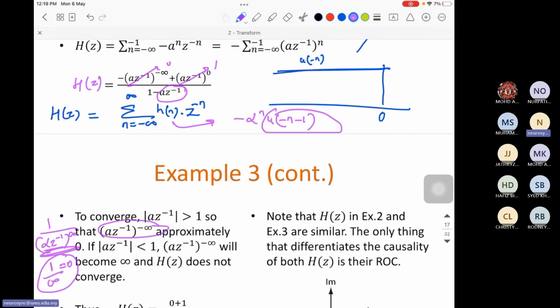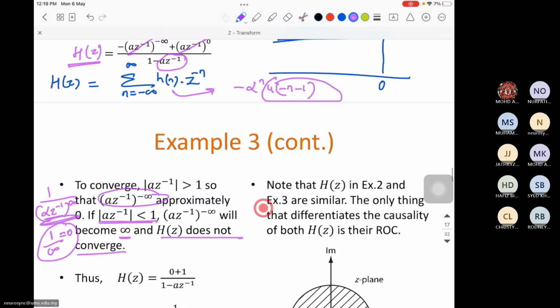Now, if you choose this term less than 1, what will happen in that case? If it is less than 1, then this will be approximately 0 and 1 by 0 will be infinity. So in that case, this h of z will be infinity, which means it does not converge.